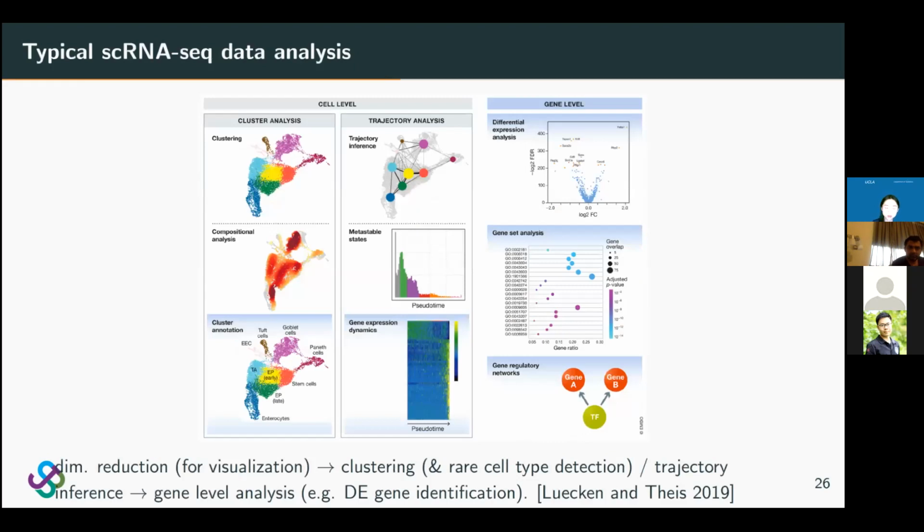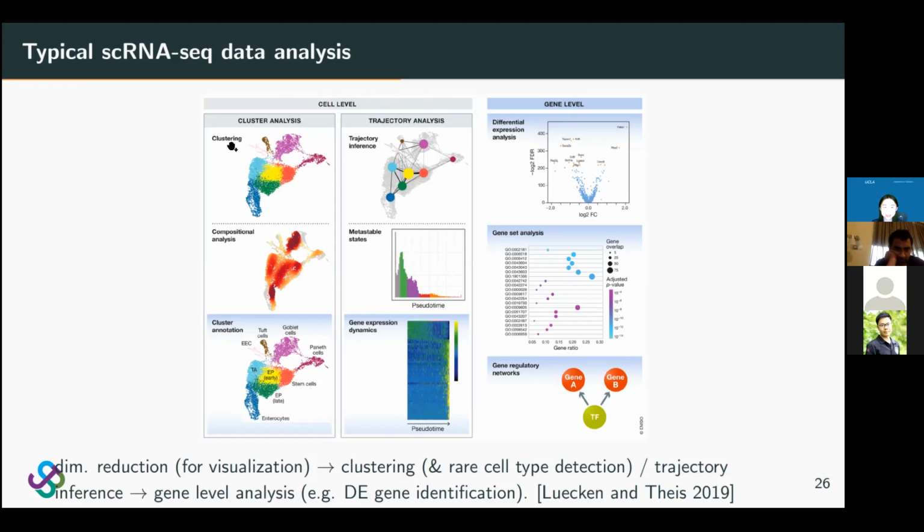Another important question is to benchmark computational methods. So here from a paper, we obtained the cell-level and gene-level analyses. Those are typically performed on single-cell RNA-seq data. So on the cell level, we have cluster analysis, to divide cells into clusters, and the trajectory analysis, which we just saw.